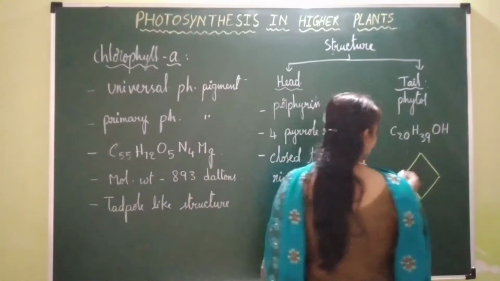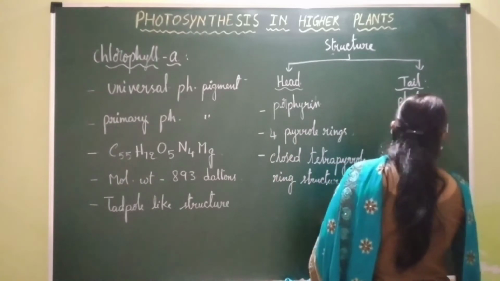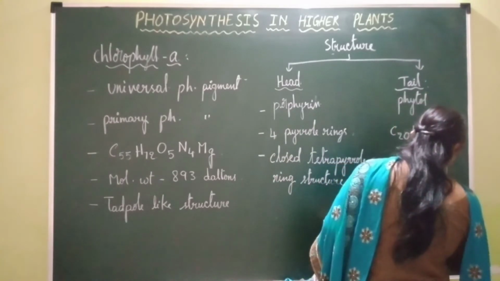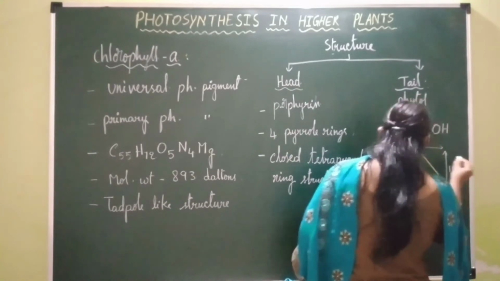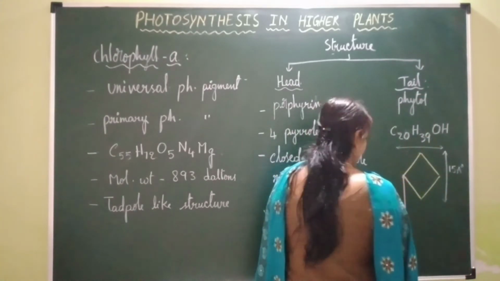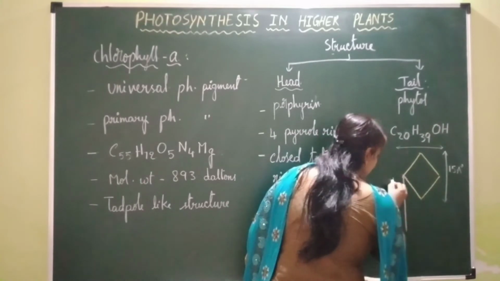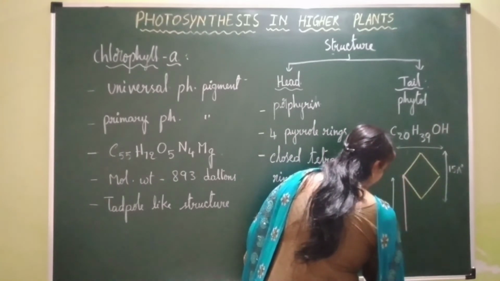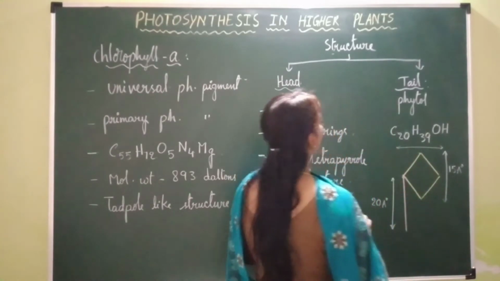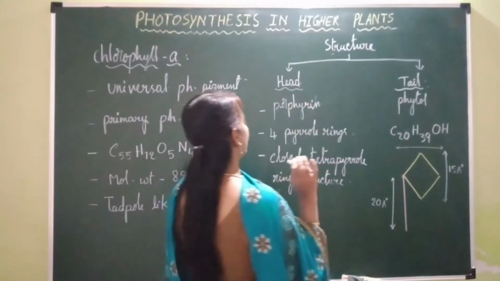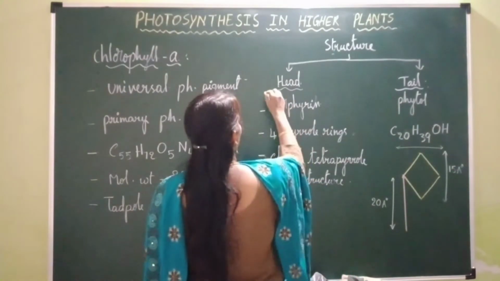The dimensions of the head are 15 by 15 angstroms, and the length of the tail is 20 angstroms. So this is the overview of the structure of chlorophyll A, and I would like to give you one more point here.